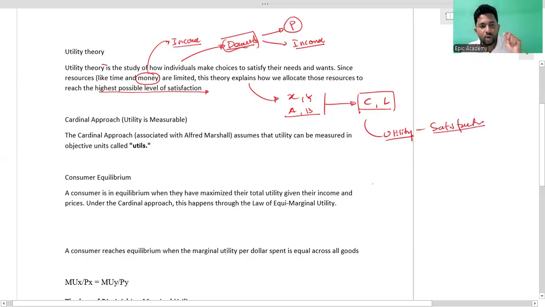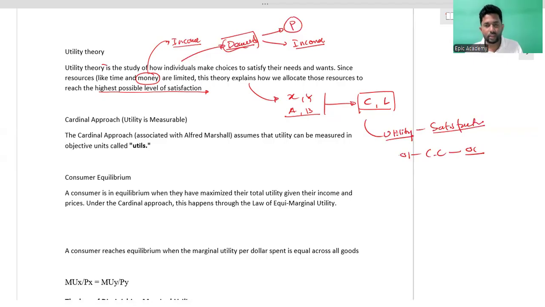But here you have to identify that Alfred Marshall said this utility can be measured. Actually, at the practical level, we can't measure the utility. That is what we identify in day-to-day life. After you drink a bottle of Coca-Cola, can you measure the satisfaction of that?